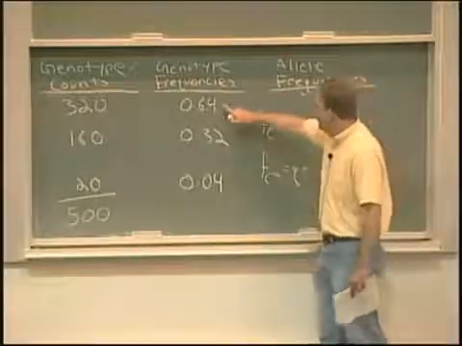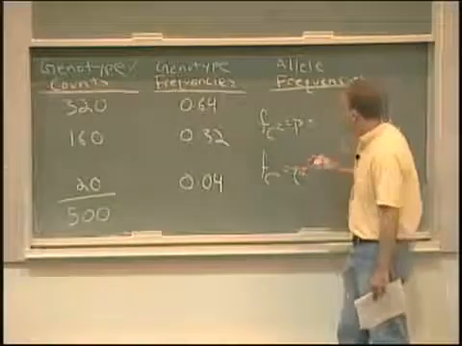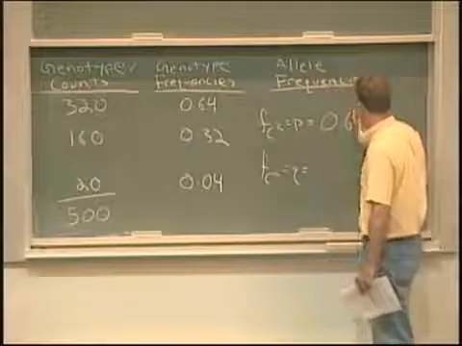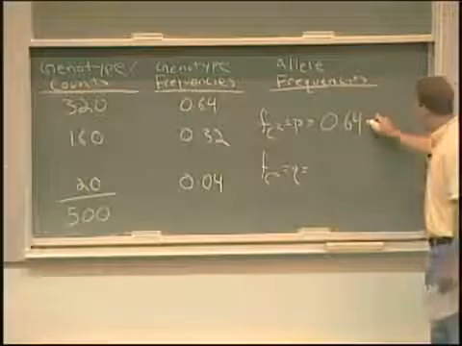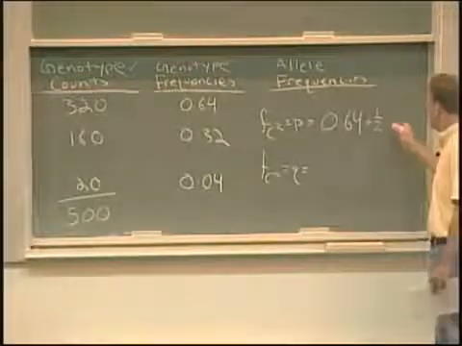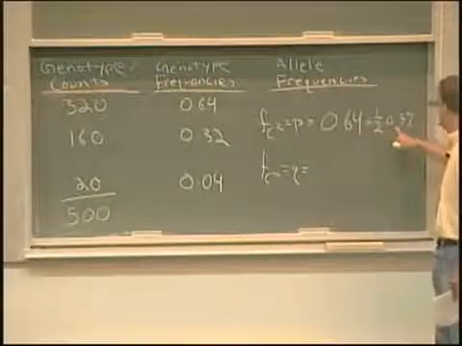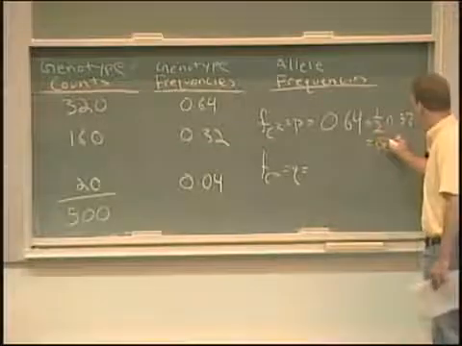And so we're going to use these. So what you do is, if you want to get the frequency of the CR allele, you take the frequency of the CR homozygous individuals, which is 0.64, plus 1/2 the frequency of the heterozygous individuals, which is 1/2 times 0.32. So 0.64 plus 0.16, that should equal 0.8.